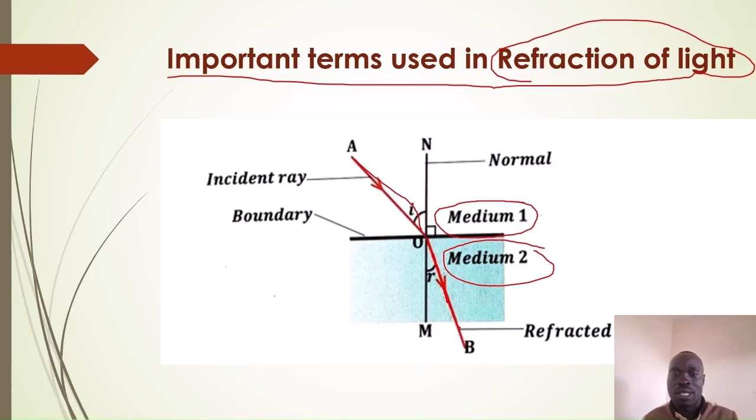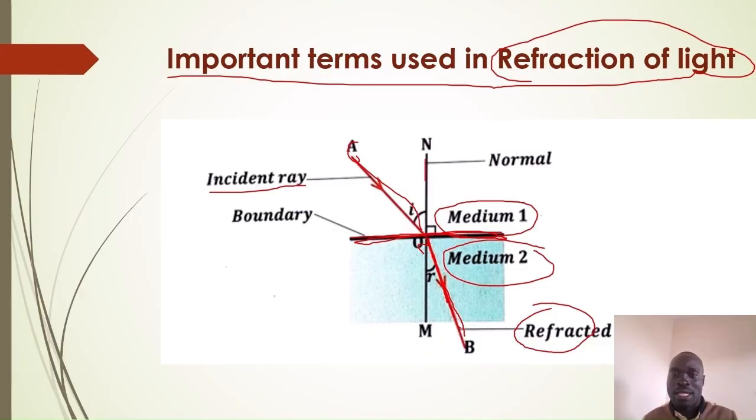You shall see that AO is the incident ray, OB is the refracted ray, and the line that separates medium 1 and medium 2 is the boundary line.